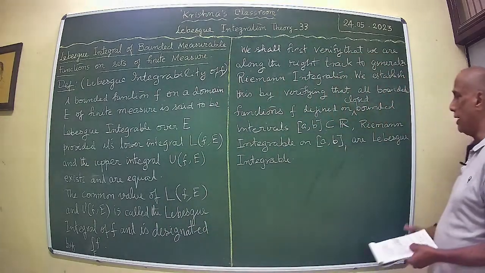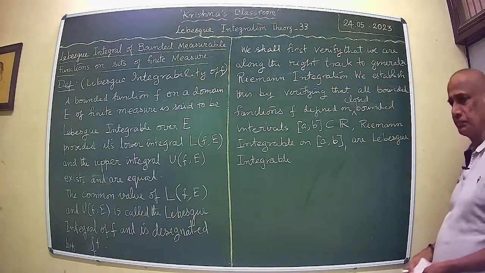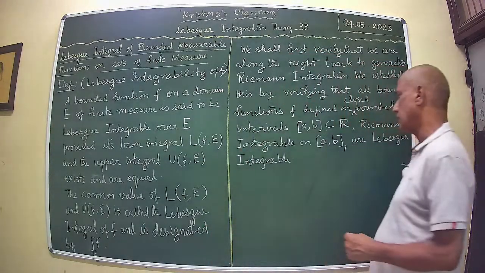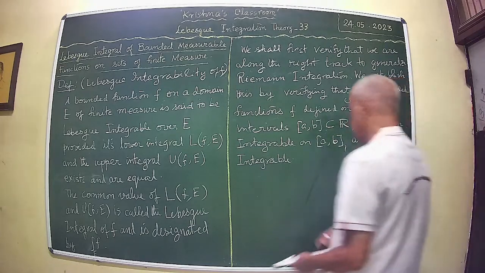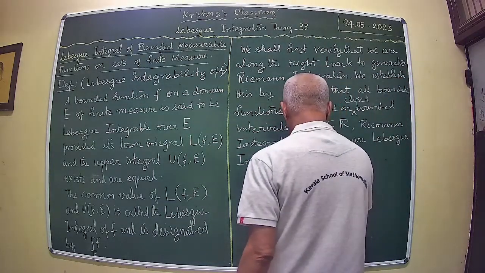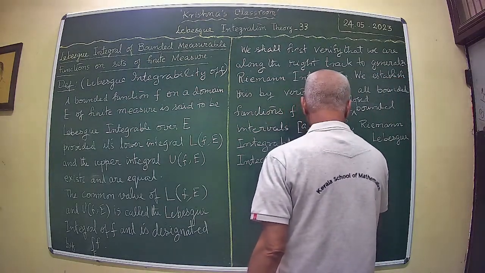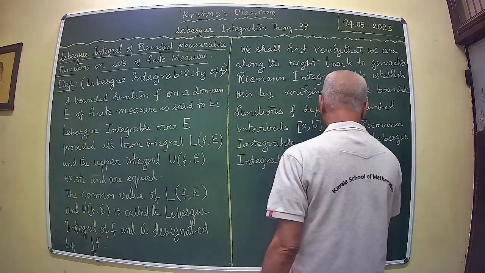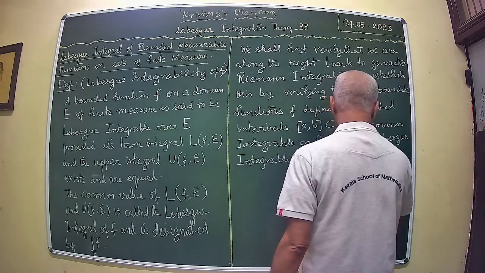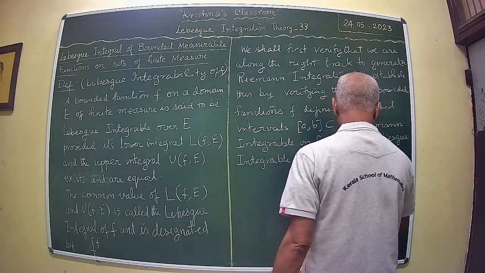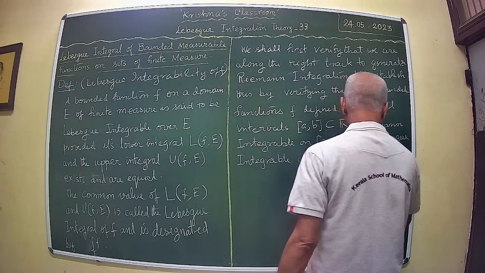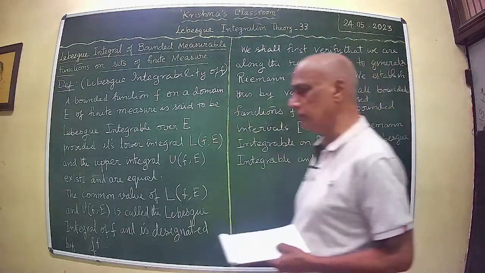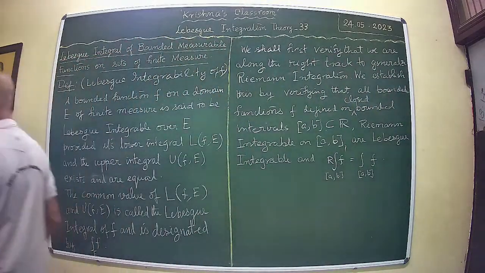That is, f Riemann integrable implies f Lebesgue integrable, and the Riemann integral of f over the interval [a,b] is the Lebesgue integral. So this is what we want to do, so that we are on the right track.